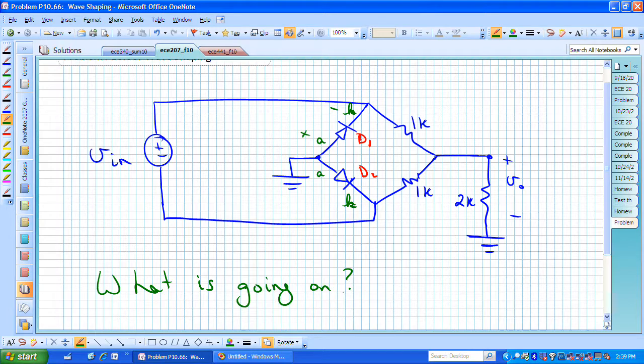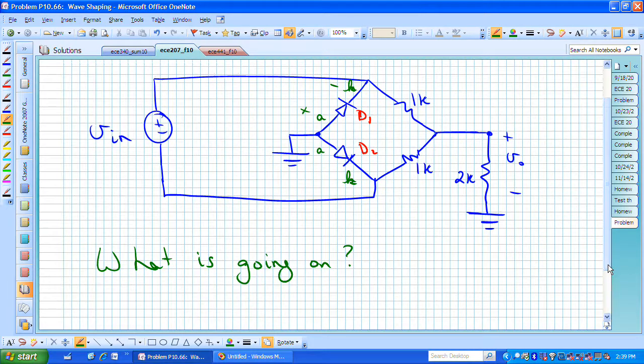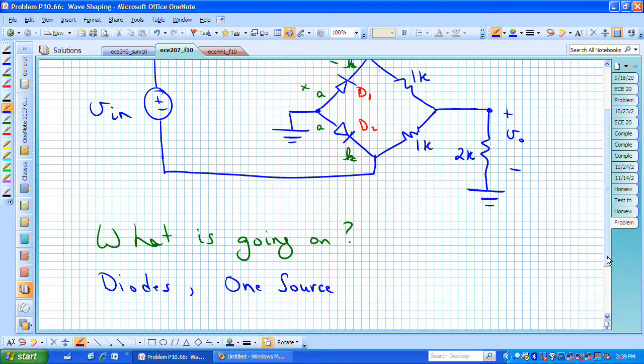And that's what we want to try to think about here. One way to approach that is to realize that we have a circuit that involves diodes. Those are probably going to be on or off. We have one source, and that source is actually going to be constant.